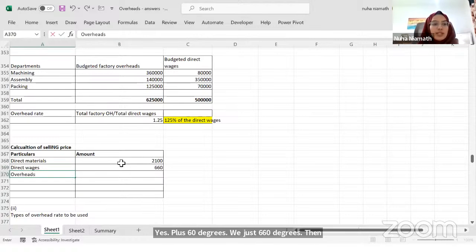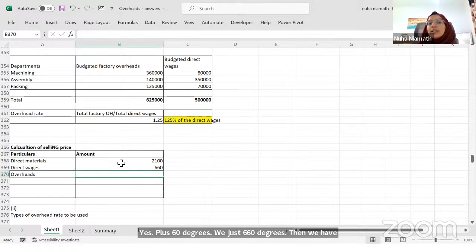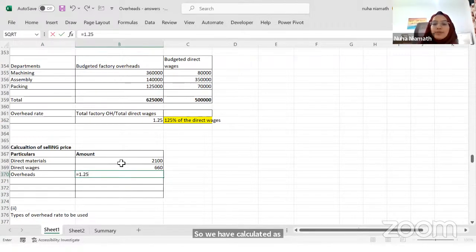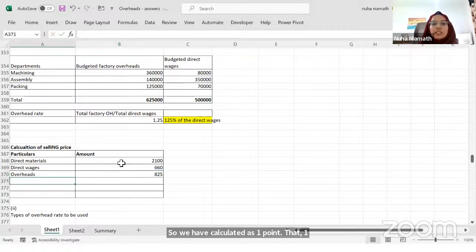Then we have the overheads. Here we have calculated 1.25 times the direct wages. So 1.25 into 660 is 825. This is how we have absorbed the overheads into the cost of the product.